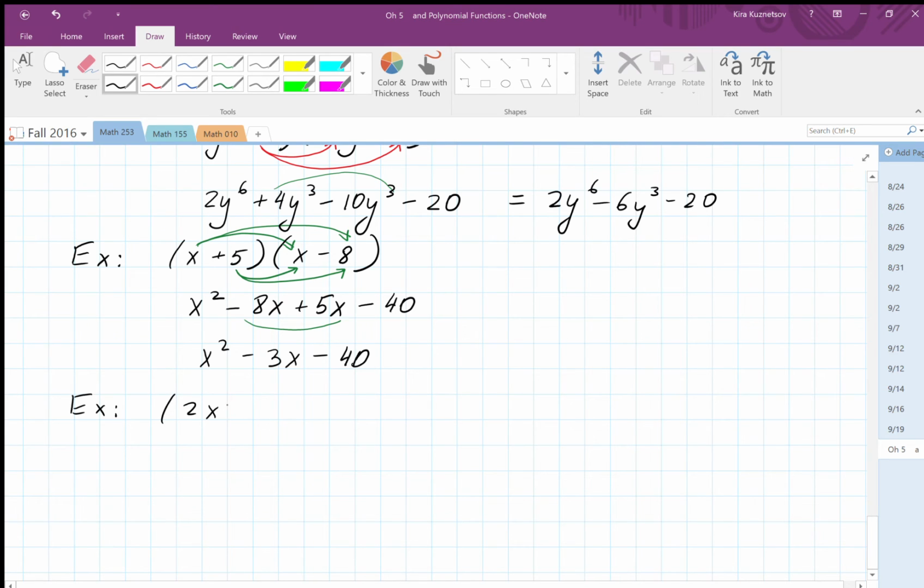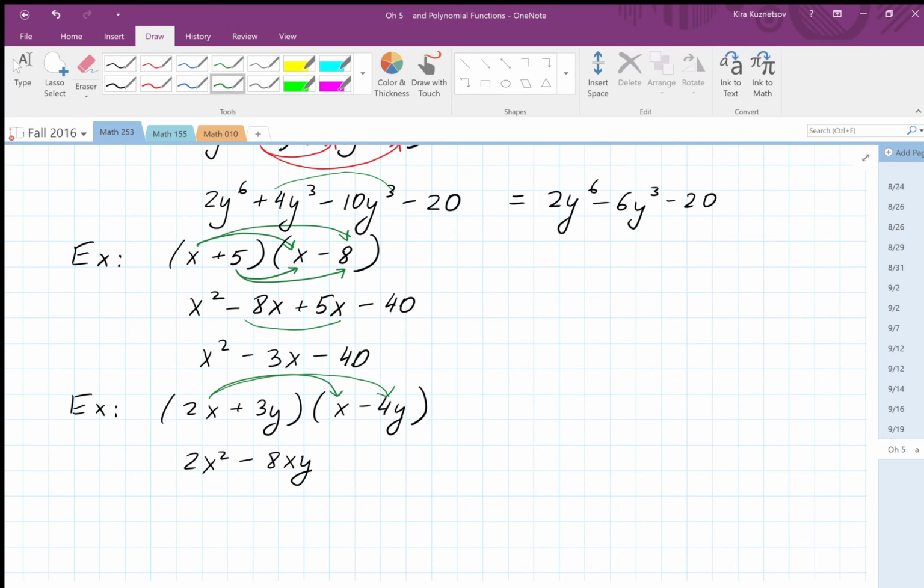I have 2x plus 3y times x minus 4y. 2x times x is 2x squared. 2x times negative 4y is negative 8xy. Moving on to the next term. 3y times x is a positive 3xy.